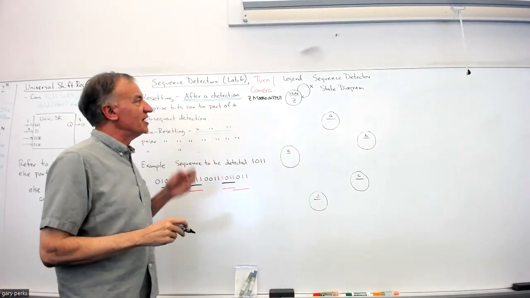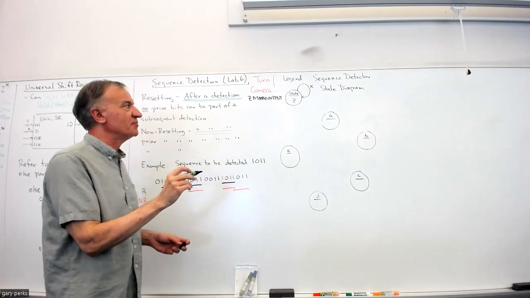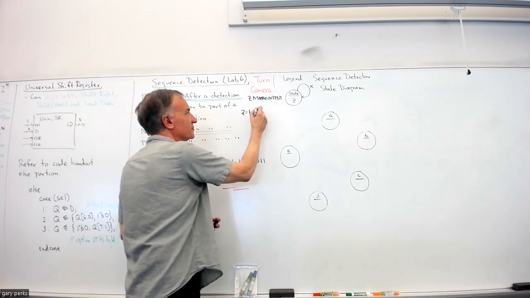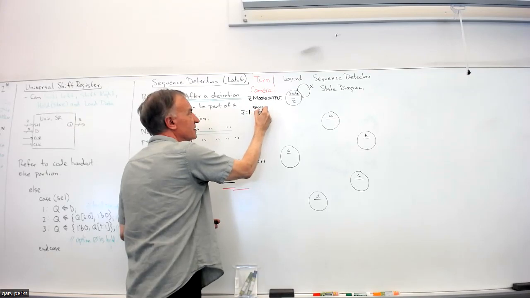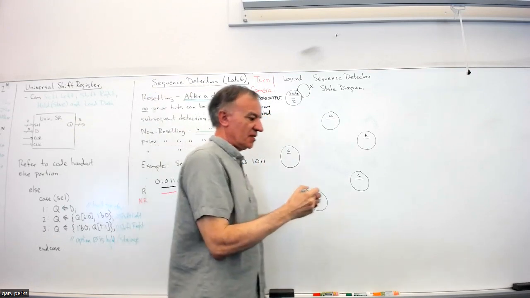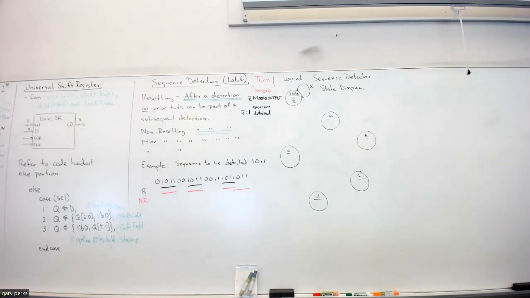Z is the output of your FSM, and when Z equals 1, the sequence has been detected. If Z is 0, it means we haven't detected the sequence yet.